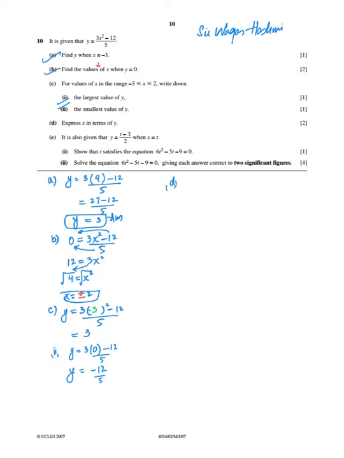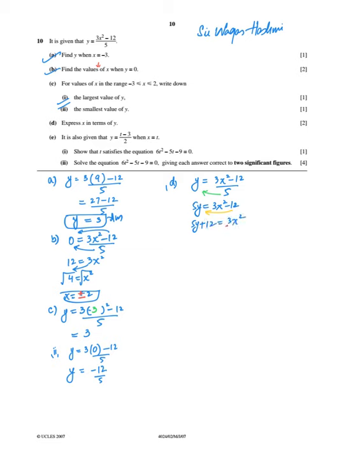Part D, express x in terms of y, so y equals (3x square minus 12) divided by 5. You need to make x the subject. For the first part you need to shift 5 here, so that will be 5y equals 3x square minus 12. In the next part you need to shift 12 here, so that will be 5y plus 12 equals 3x square.